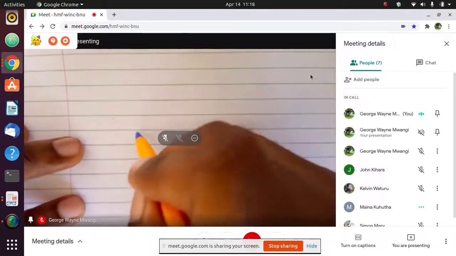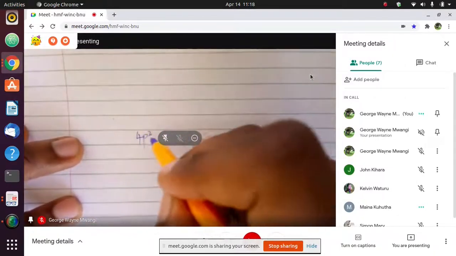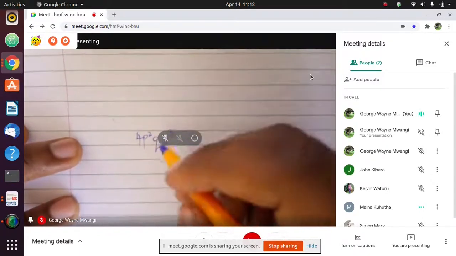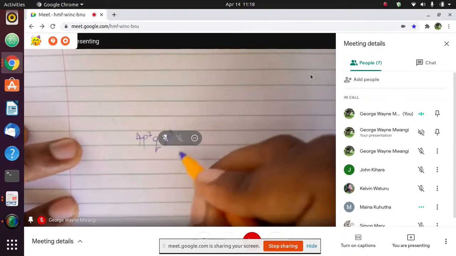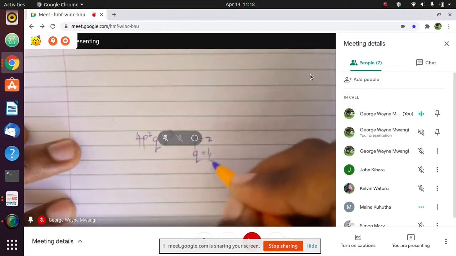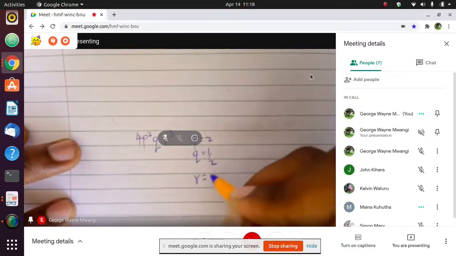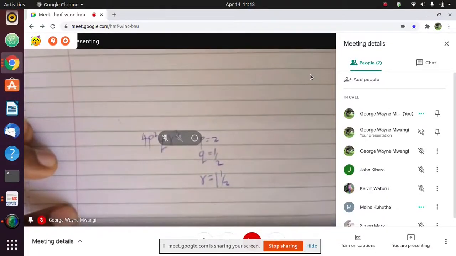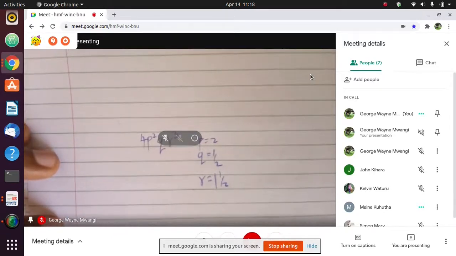You have been given 4p squared times q times r, all cubed, and you have been told to evaluate, find the value, given that p is equal to 2, q is equal to 1/2, and r is equal to 1/2. I'll give you some time to complete that one.